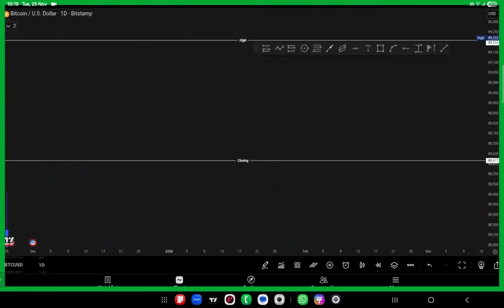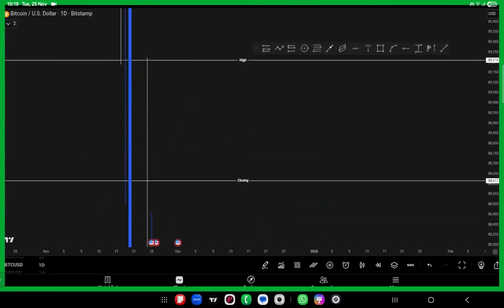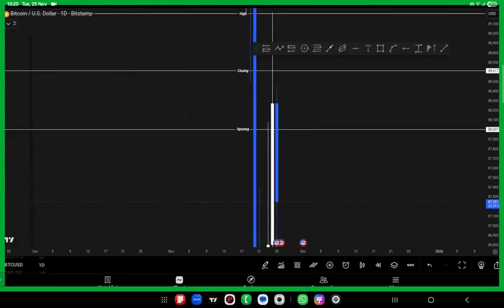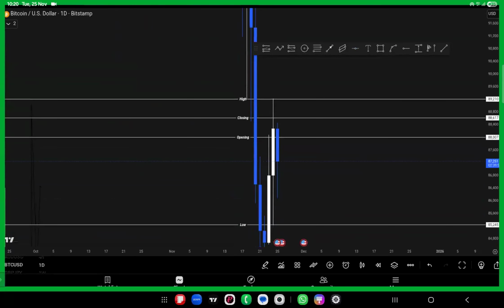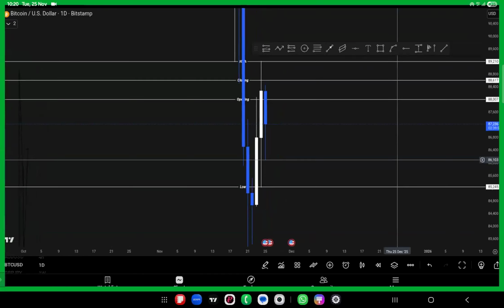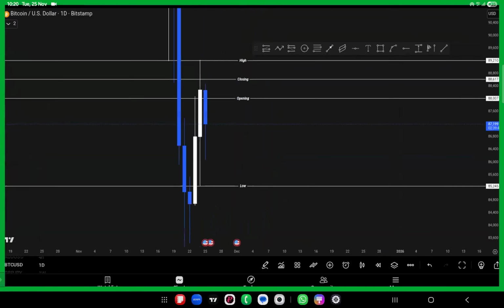Now let's check to know which particular one. This one is different. Let's check when markets actually open. All right then.